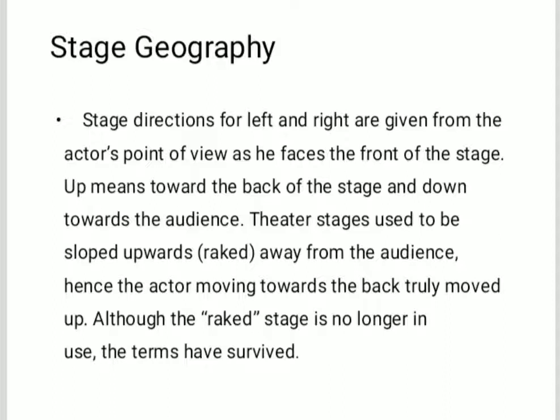Rake, which means the back of the stage is higher than the front, is no longer used in the theater stage because the one mostly used is the proscenium stage, where the performers perform, and the directions for the stage are the guidelines by which the performers are positioned.